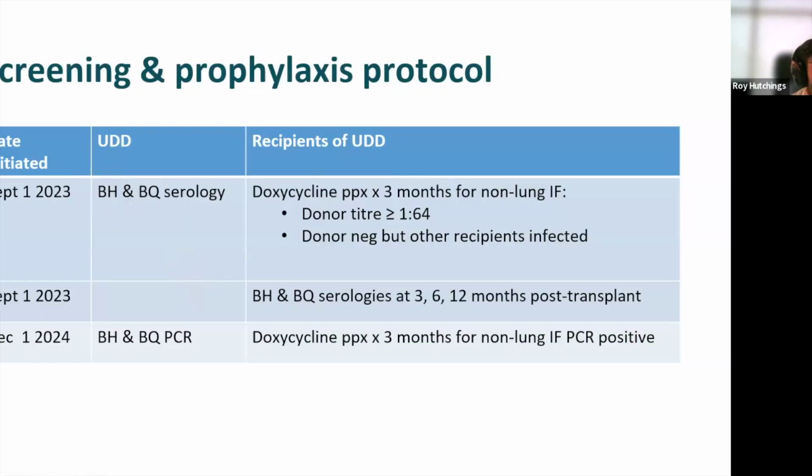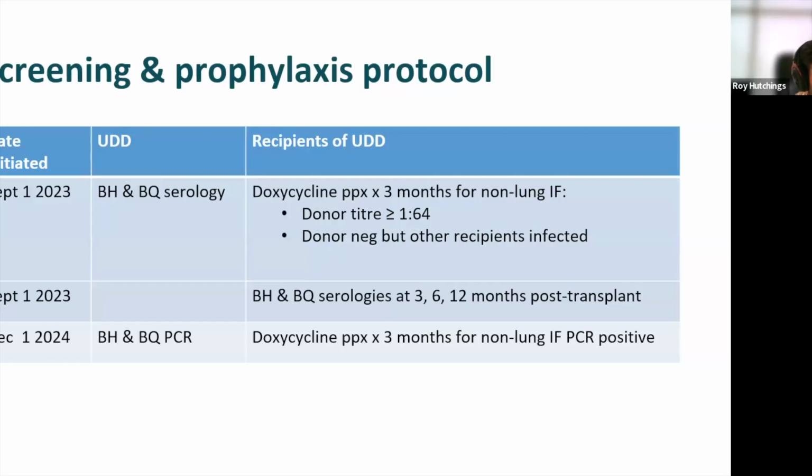And if the serology was positive, the recipients would receive doxycycline prophylaxis for 3 months. And that's only for non-lung recipients, as we had no lung cases and they were getting azithromycin anyway. Additionally, they would get prophylaxis if the donor was negative, but other recipients from that donor had developed infection.